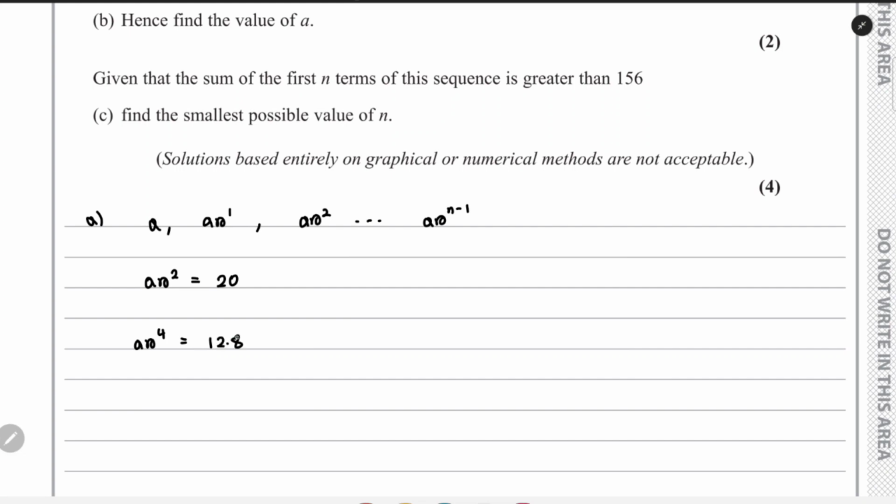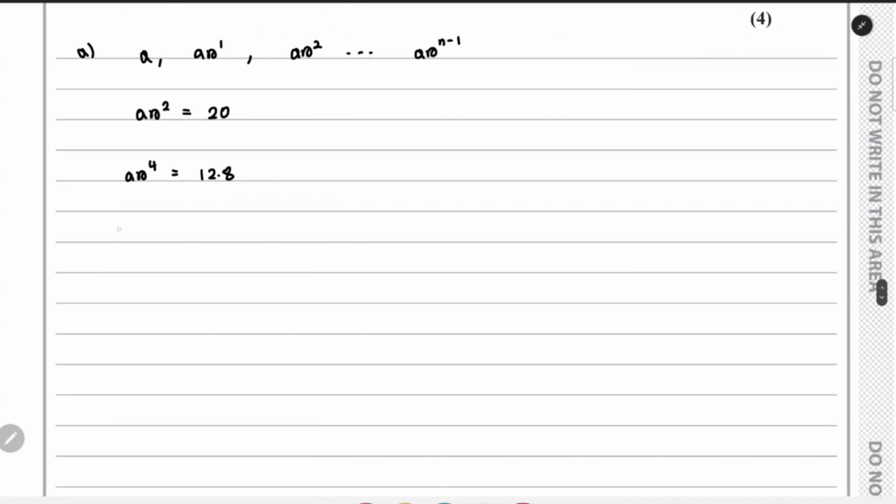If we divide equation 2 by equation 1, we'll get ar^4 divided by ar² equals 12.8 by 20. The a's cancel out, the r² cancels out, leaving r² equals 12.8 by 20.